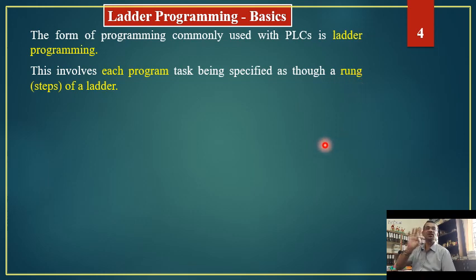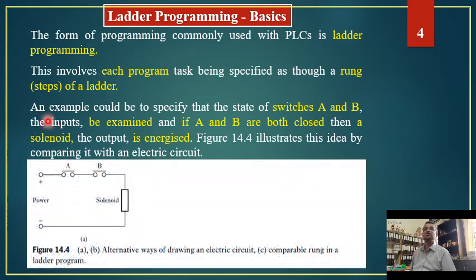Rung means a horizontal line that connects the two parallel vertical beams. So that is a rung or a step of a ladder. So an example could be to specify the state of switches A and B, the inputs.